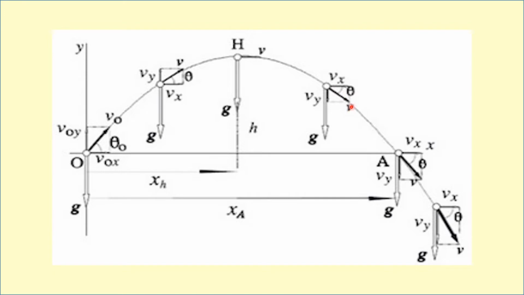Comparing the magnitude of that velocity at this point to the velocity when the body is still on its way up, we say that the magnitude is the same.